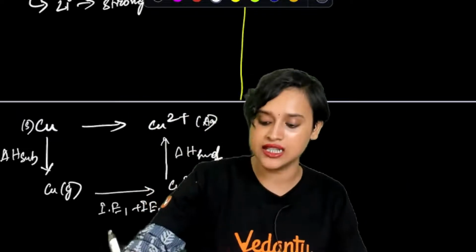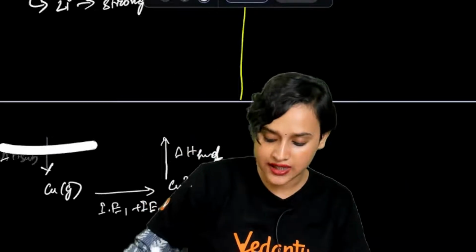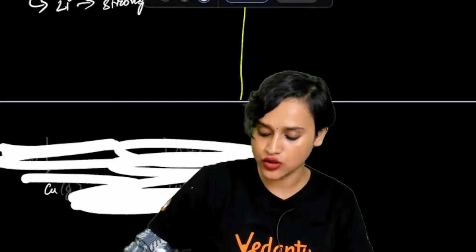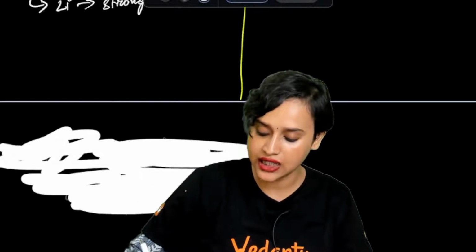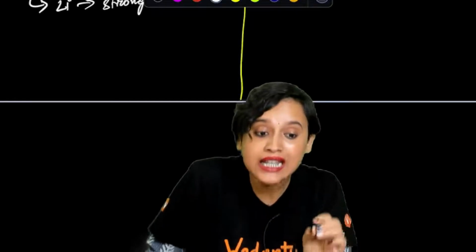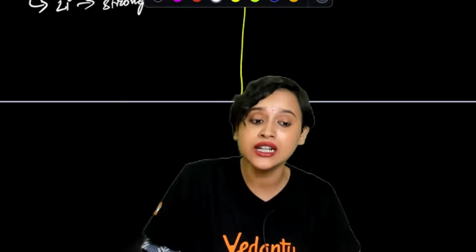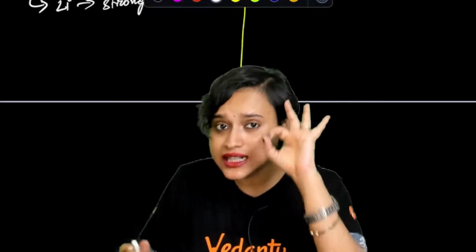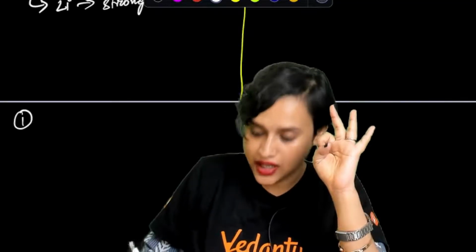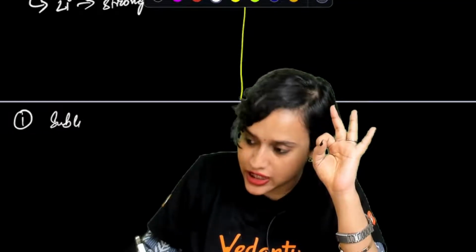So that, bachcho, this was only for you to understand. We can clearly understand that for any element or atom to get into its reduced form, there are three energies required. First, sublimation energy.